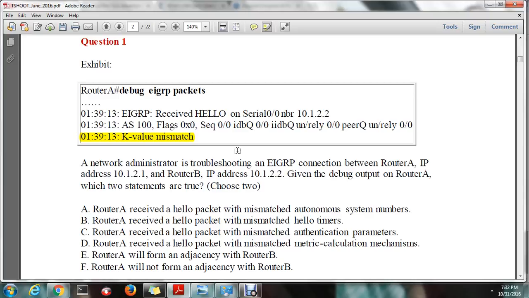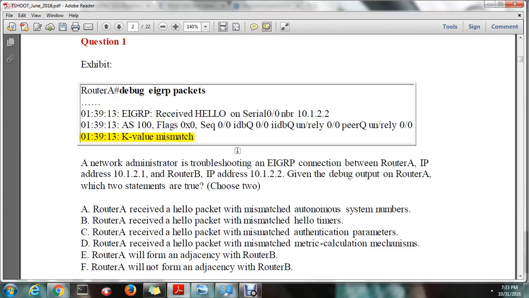Router A received allow packet with mismatched allow timer. It's not necessary, because EHRP forms the neighborship even without allow timer matching. So mismatched allow timer is not going to affect forming the EHRP neighborship in any way. Router A received allow packet with mismatched authentication parameter. No, this is not due to mismatched authentication parameter.